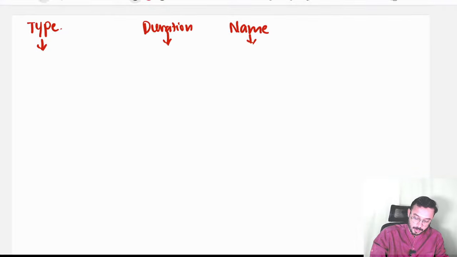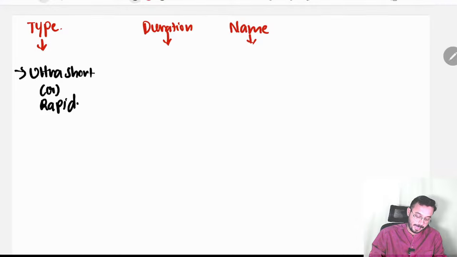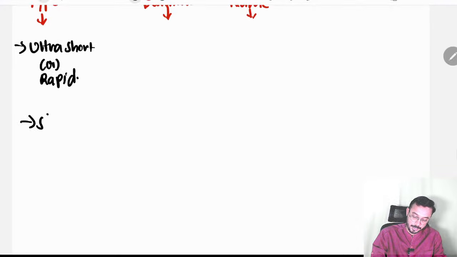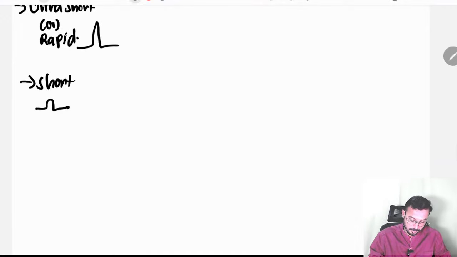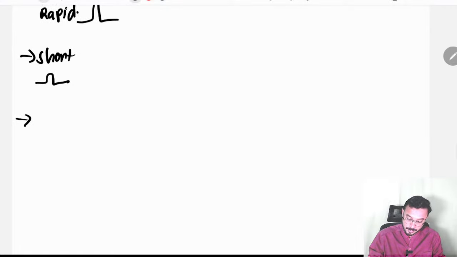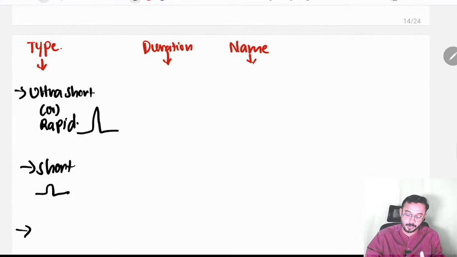The major type is ultra short acting, or it is also called rapid acting insulin. Next is short acting insulin. Then the next one is intermediate. Let me teach you the duration also.